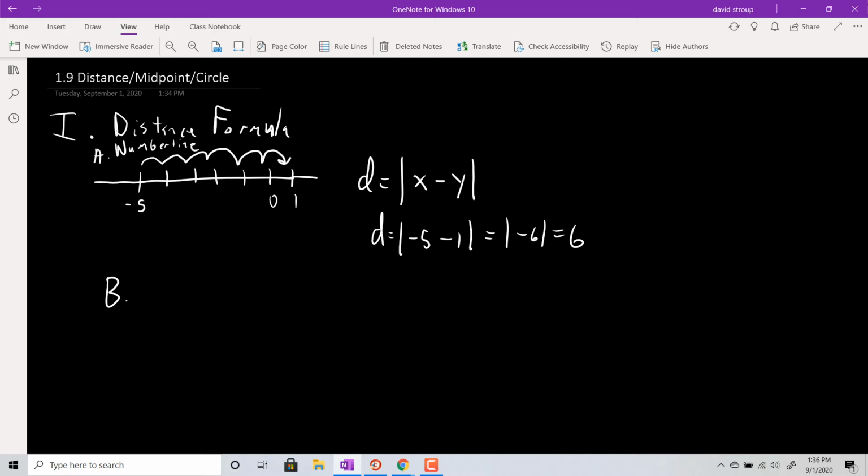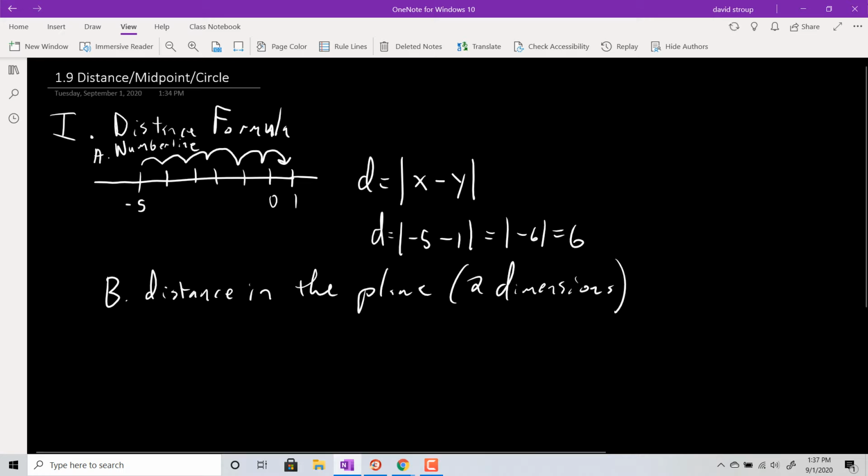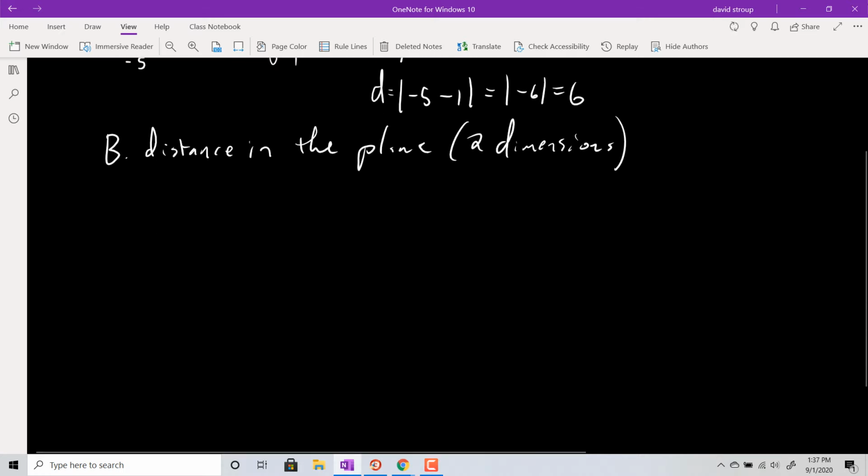The distance we're interested in now is in the plane, so distance in 2 dimensions. Let's take a scenario.